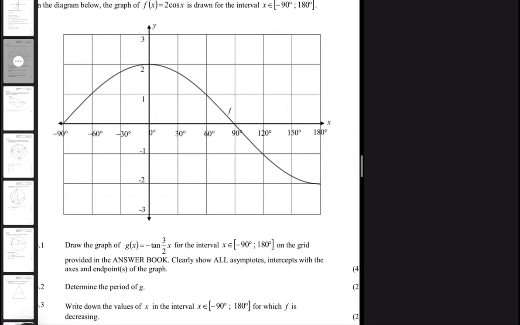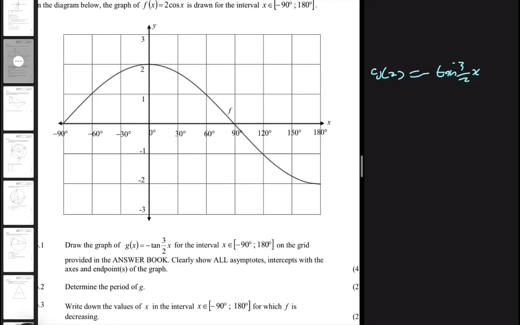The question here is saying let's draw the graph of g of x, if g of x is equal to minus 10 3 divided by 2x, for the interval x is an element of minus 90 to 180 on the grid provided in the answer book. Clearly show all asymptotes, intercepts with the axes, and endpoints of the graph.